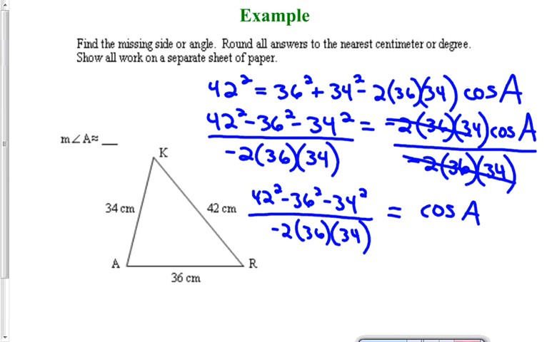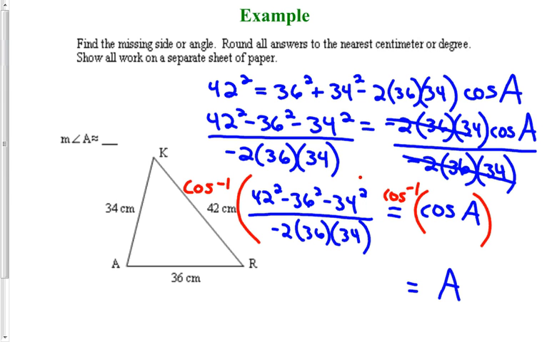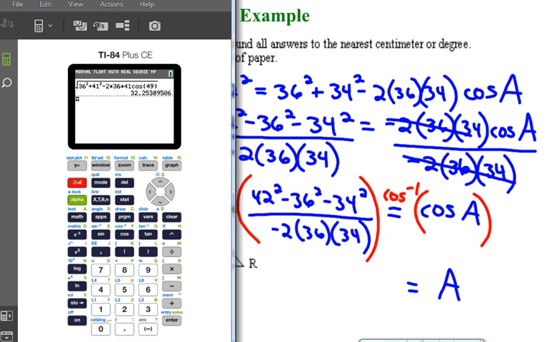Now we're ready to use the inverse cosine. We've talked about how the inverse cosine undoes the cosine, so that'll get me angle A all by itself. But if I take the inverse cosine of that side, then I have to take the inverse cosine of this whole side over here. And that's what I'm going to plug into my calculator. Second cosine, I'm going to use the fraction function, alpha y equals, and choose n divided by d, which is my fraction.